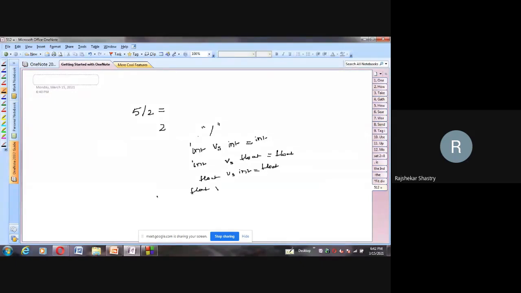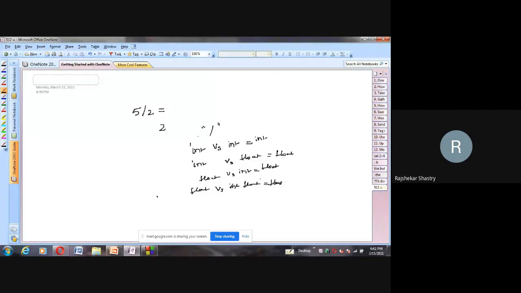So when we apply the division operator, which is a binary operator, if at least one of the 2 operands is float, then the resultant is float, otherwise it is integer. This is the important rule to remember when we use division, unlike in mathematics.